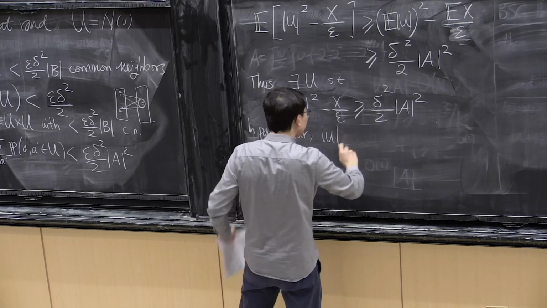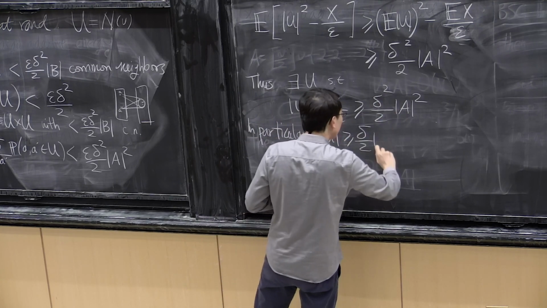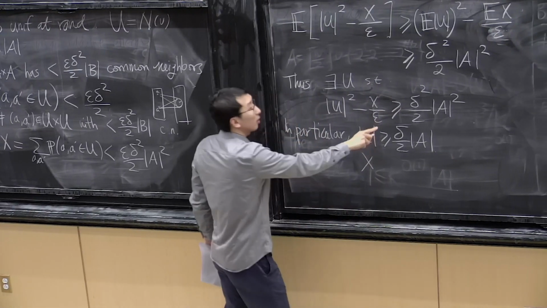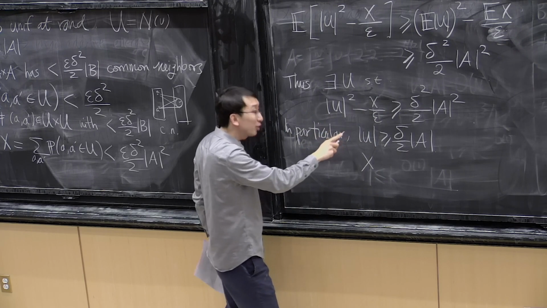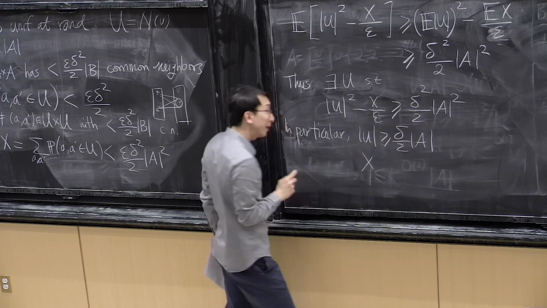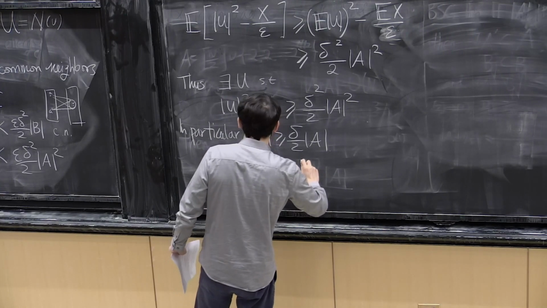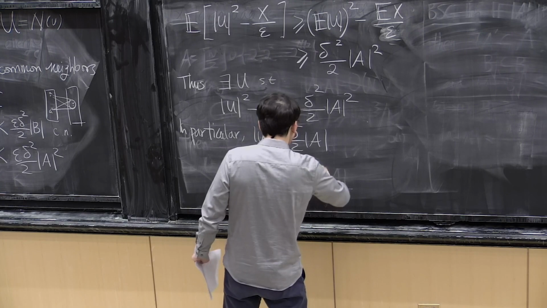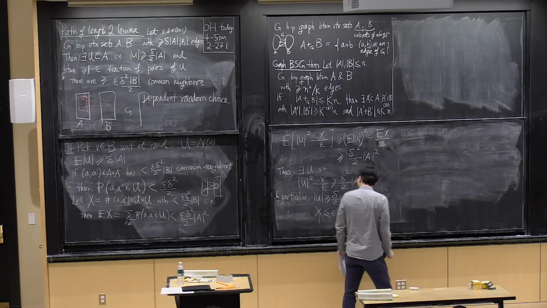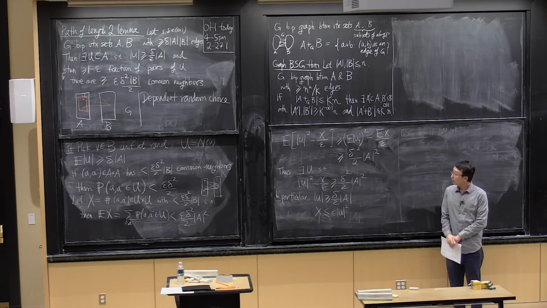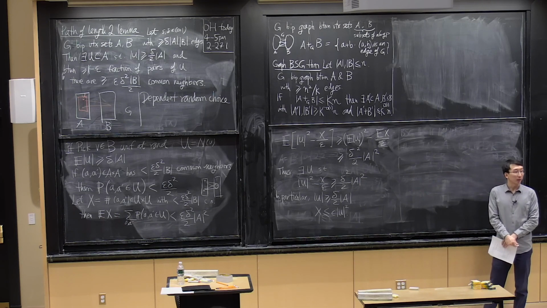So in particular, the size of U is at least delta over 2 times the size of A. And just looking at the left-hand side, which must be a non-negative quantity because the right-hand side is non-negative, we find that X is at most an epsilon fraction of U squared. Okay, so putting these together, we arrive at the path of length 2 lemma.